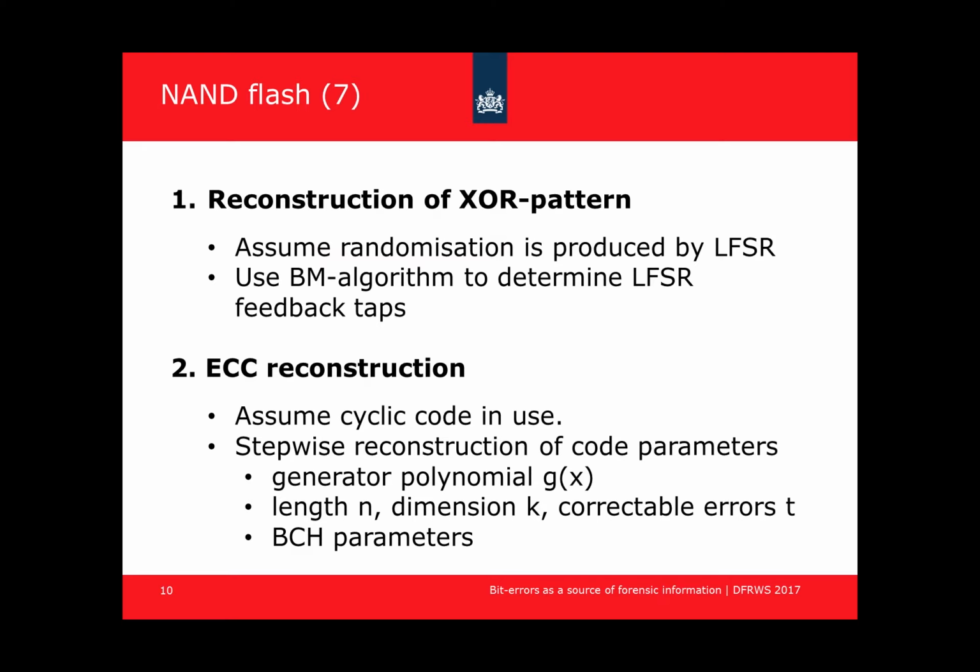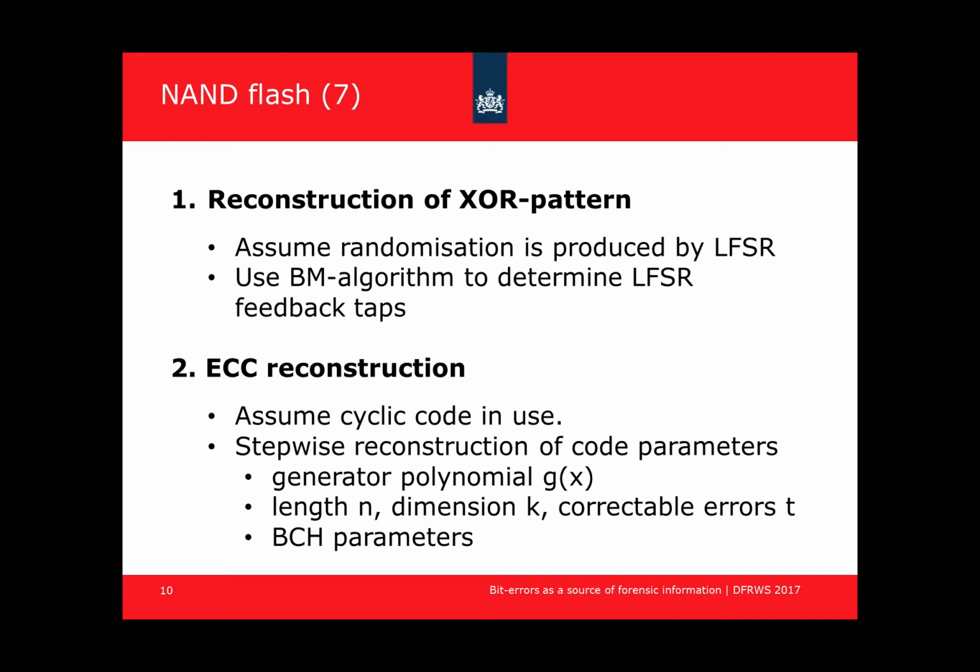Our experience is that most of this randomization is produced by a hardware structure called the LFSR, a linear feedback shift register. There is a nice mathematical algorithm which is able to detect an LFSR, that is, to compute the feedback taps of an LFSR from a stretch of data which doesn't contain any errors. This algorithm comes from coding theory and is called the Berlekamp-Massey algorithm. We apply that to our data and see whether it is able to detect an LFSR.